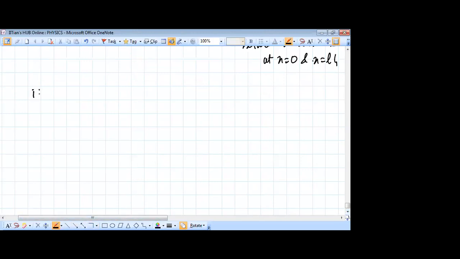So the first case we'll take is when both boundaries are fixed, or what we call rigid boundaries.